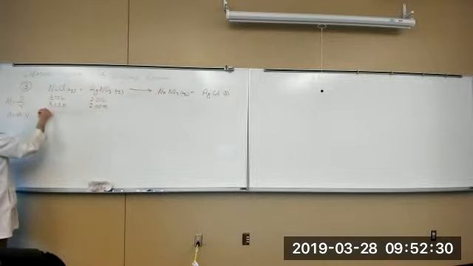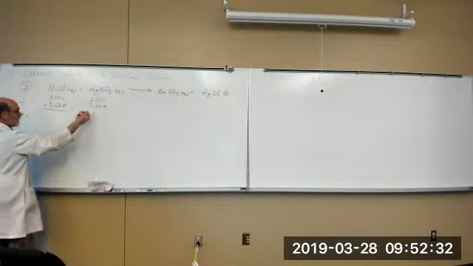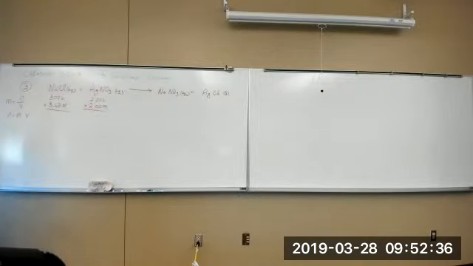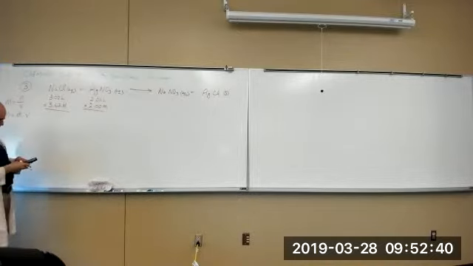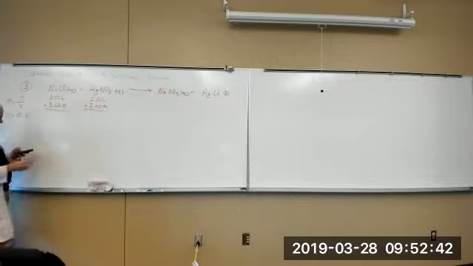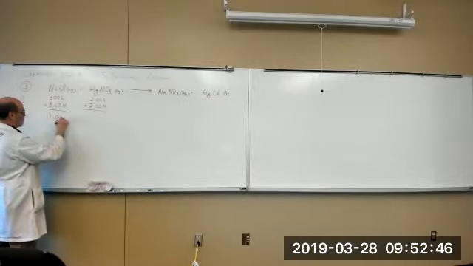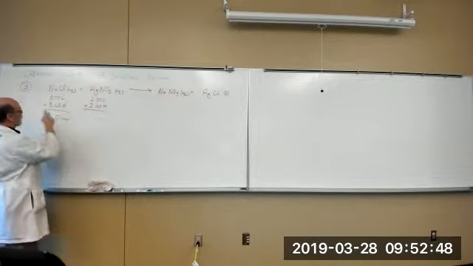Molarity times volume. So all we have to do is multiply these two together. Right? So we got 3 times 3.67, and that's 11.01 moles of sodium chloride.